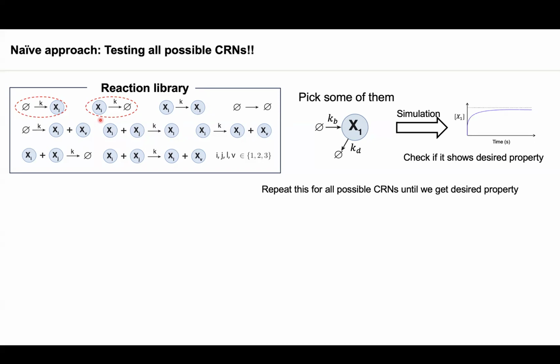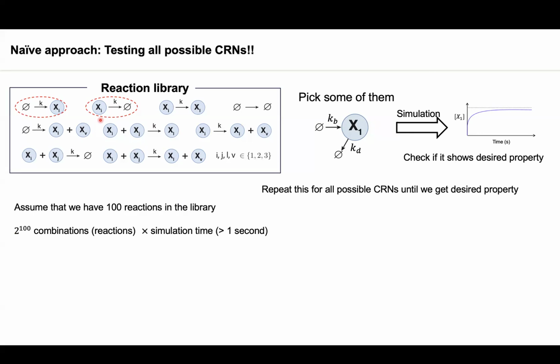But it takes a really long time, because let's assume that we have 100 reactions in the library. Then the possible combinations of the chemical reaction structure is 2 to the 100.